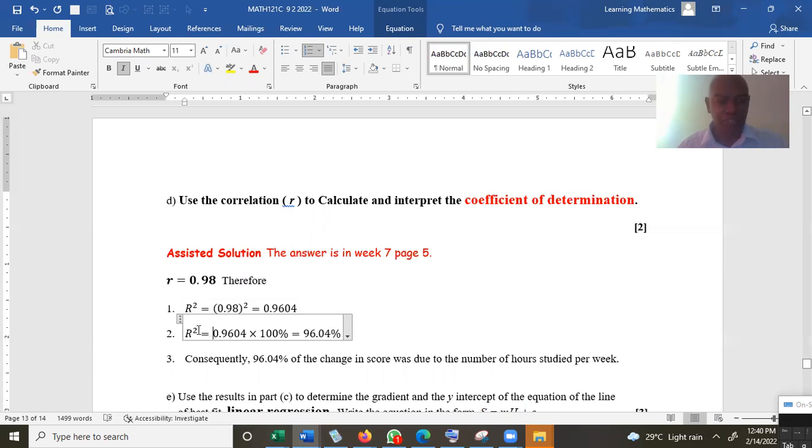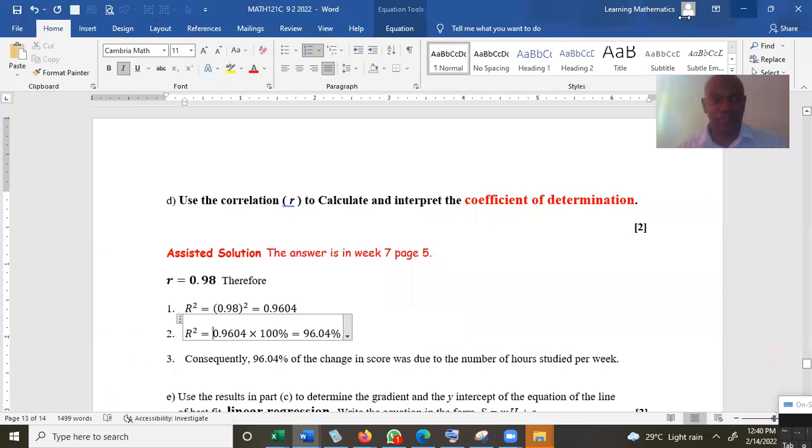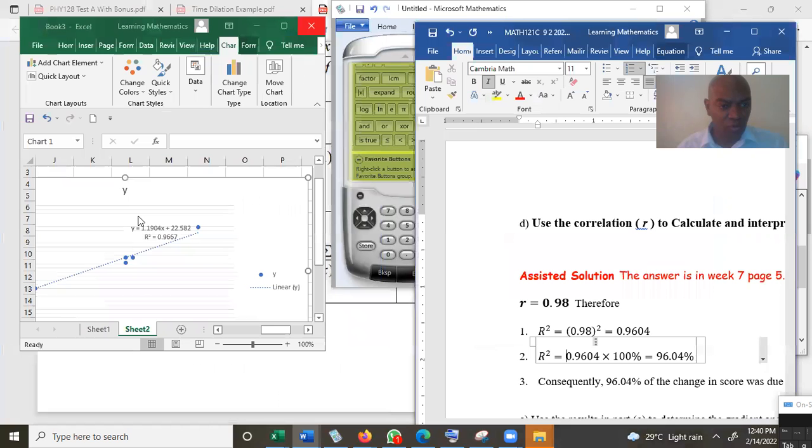R squared is the international symbol for coefficient of determination, and Excel automatically calculates it for you in its inbuilt formula. As you can clearly see, here is our coefficient of determination, and here is our equation describing hours of study and score.